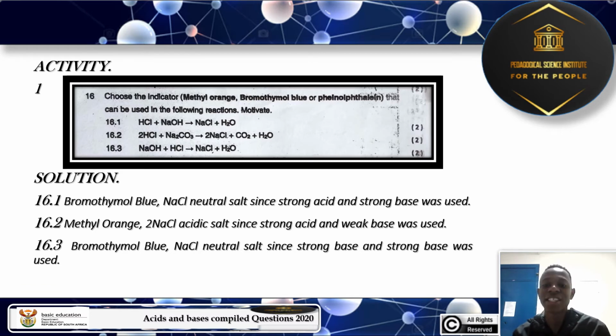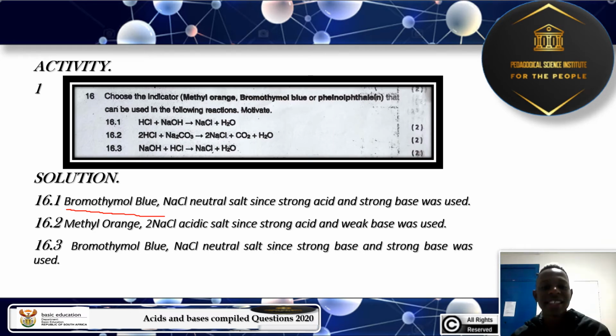Therefore, which indicator is suitable there? It's bromothymol blue. That's why we've said it's bromothymol blue, because NaCl is a neutral salt since a strong acid and a strong base were used. Then 16.2, we have hydrochloric acid, which is a strong acid, plus sodium carbonate, which is a weak base.